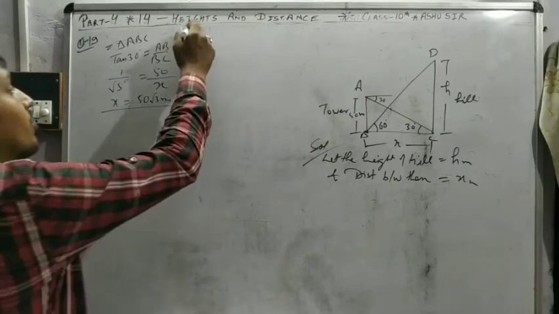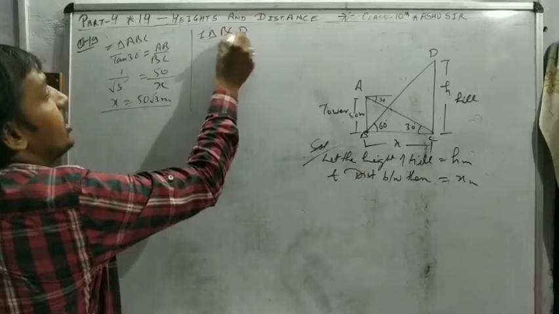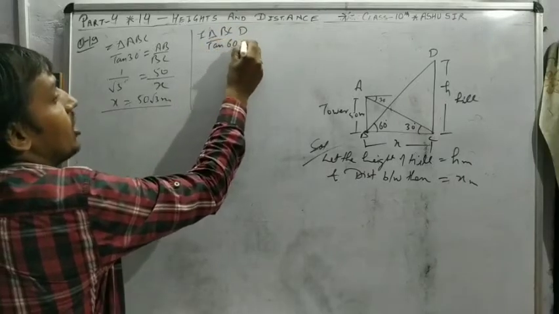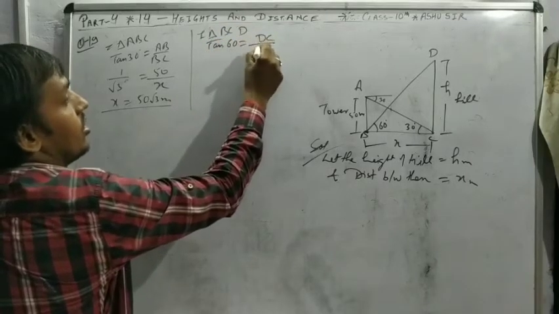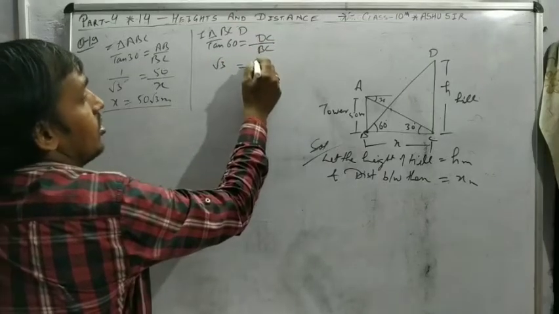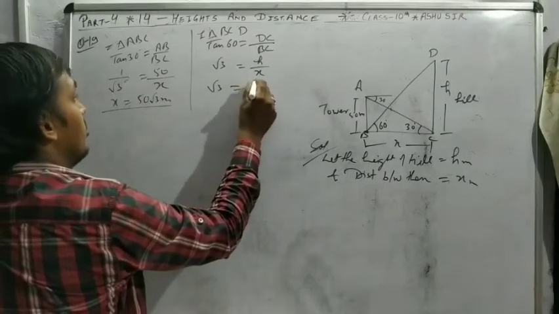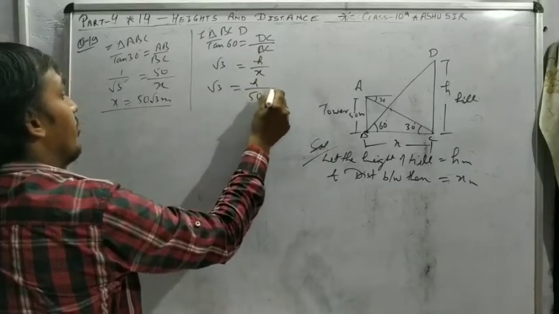But the question wants the height of the hill, so take the next triangle BCD, tan 60, root 3 equals h upon x, 50 root 3.